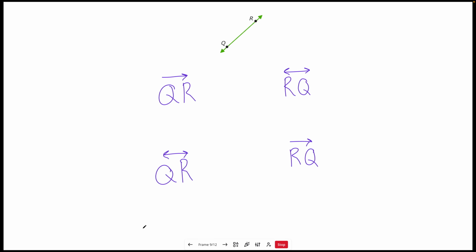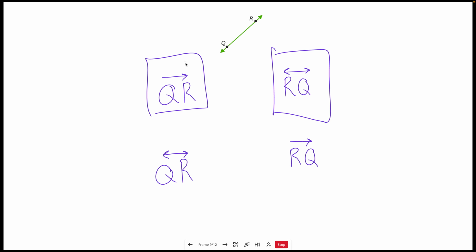All right, go ahead and pause and try this one. Okay, the correct answer here is, again, both of these are, oh, and I messed up, right? Because this only has 1 arrow. That was from a previous problem. That was a ray. Okay, let's try this again. So it should have 2 arrows.